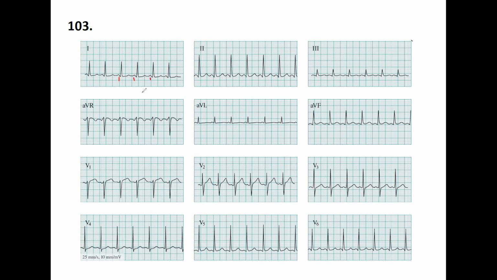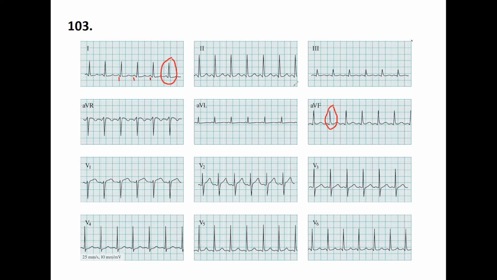Good. Next one, we have to calculate the axis. Okay, again, the quadrant approach. Let's look at lead number 1, positive. Let's look at AVF, positive. So that's normal, period. So that's meaning between 0 and 90. After, you can use the approach of which one is equiphasic. Okay, but none of them is equiphasic.